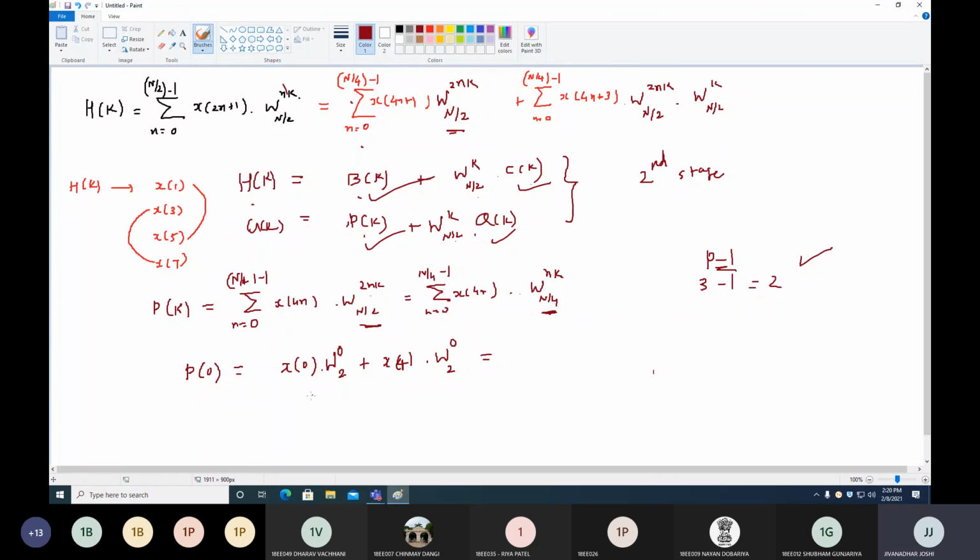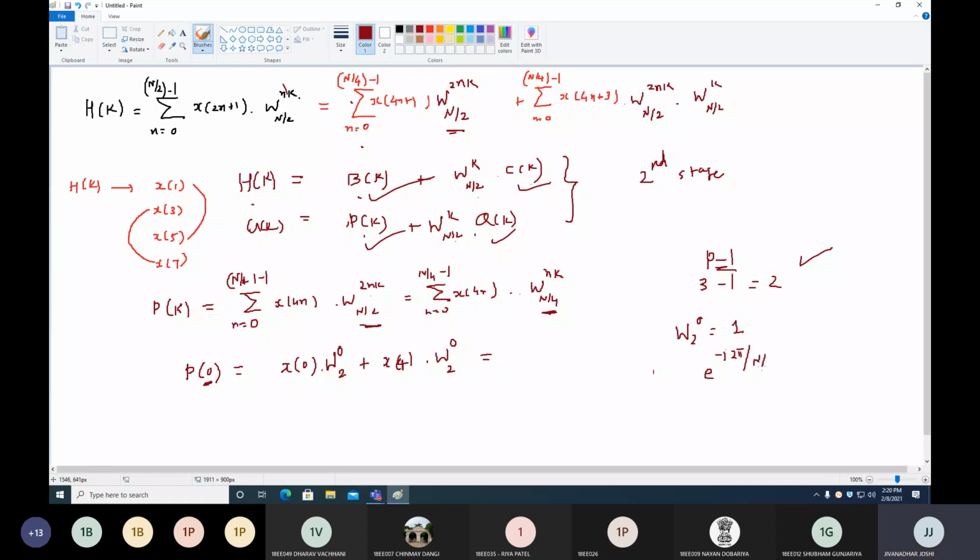N and k: k is how much? K is 0. So p of k is 0. So W2 raised to 0 is equal to 1, because W2 is e raised to minus j 2 pi by n by 4.